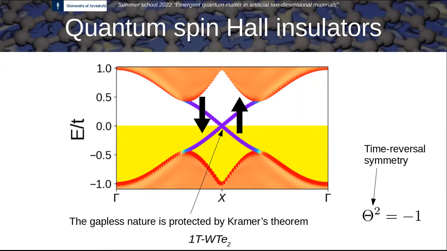And that is the reason why these states of quantum spin Hall insulators are completely resilient towards any kind of non-magnetic disorder or any kind of spin orbit coupling, because all those perturbations do not break time reversal symmetry, and Kramers degeneracy alone guarantees that there is going to be a crossing there.